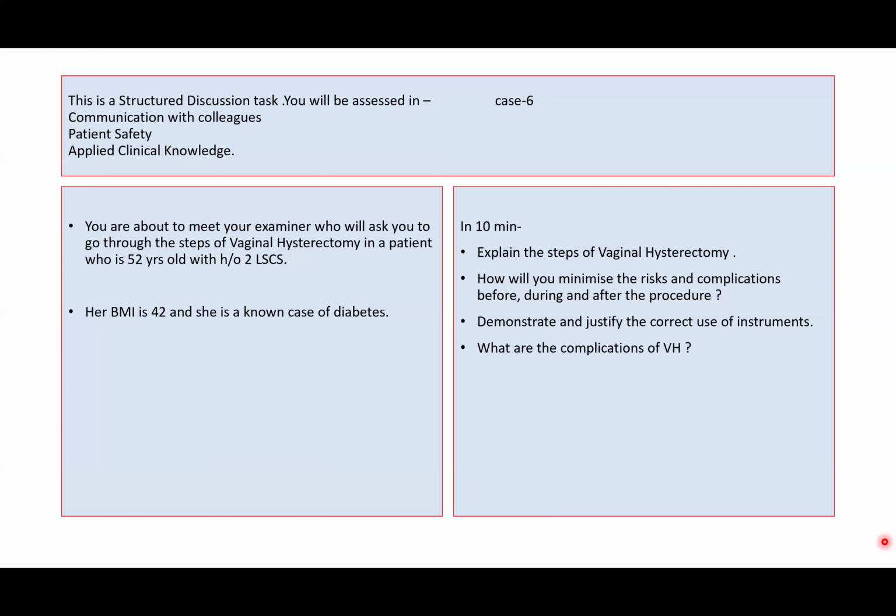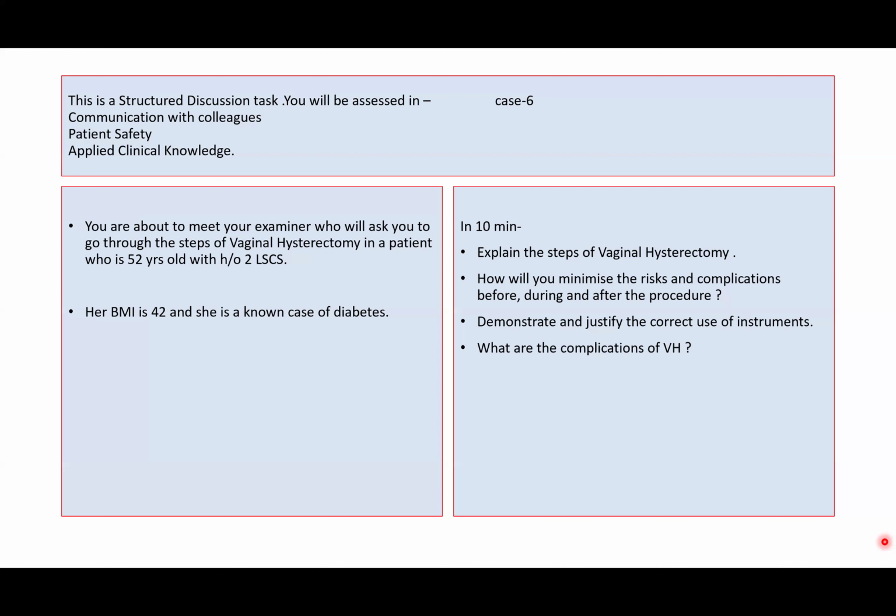Following this, I'll place a circumferential incision at the lower extent of the vagina, about 2 centimeters above the opening of the cervix. The circumferential incision will be placed with the help of a knife or a diathermy instrument.